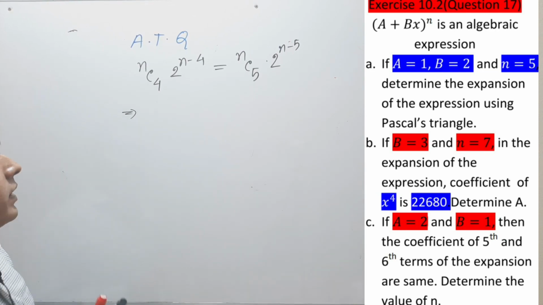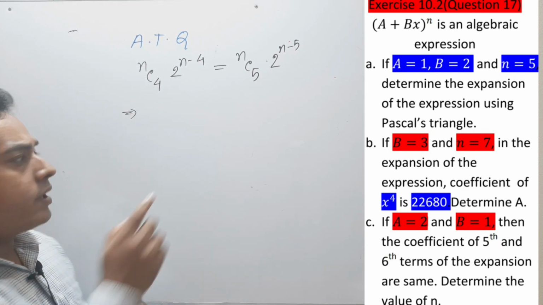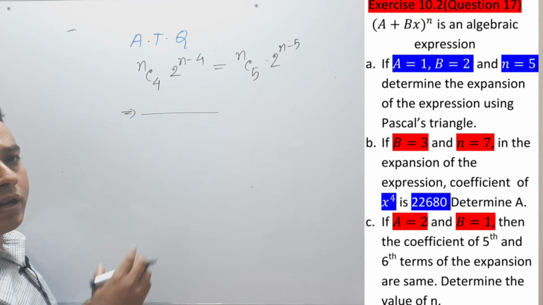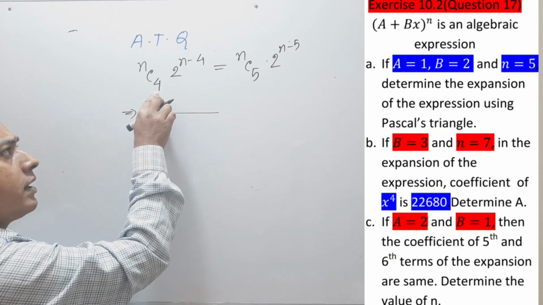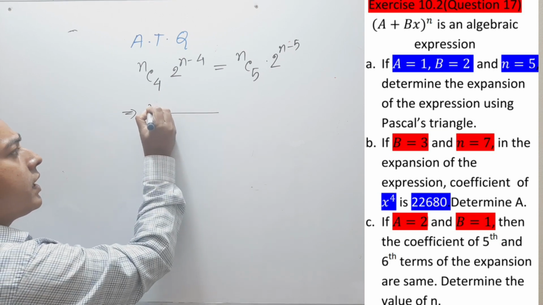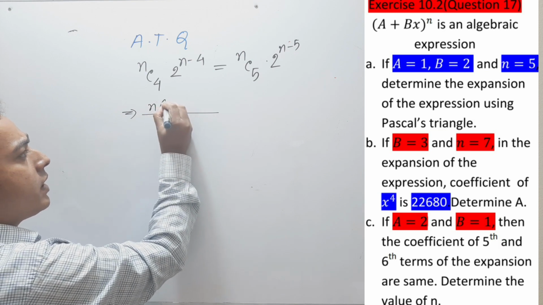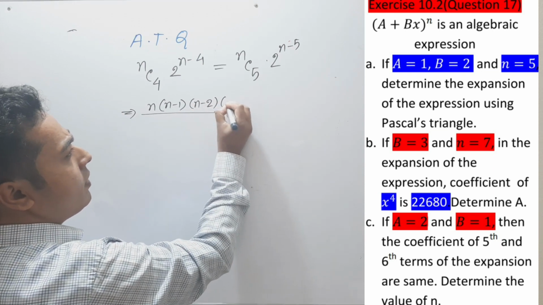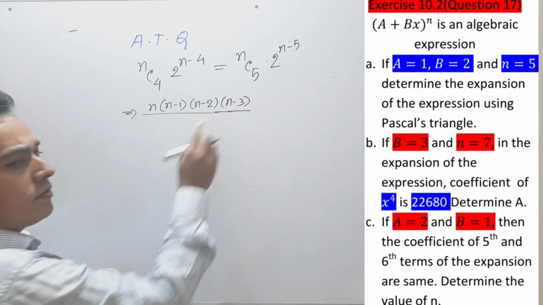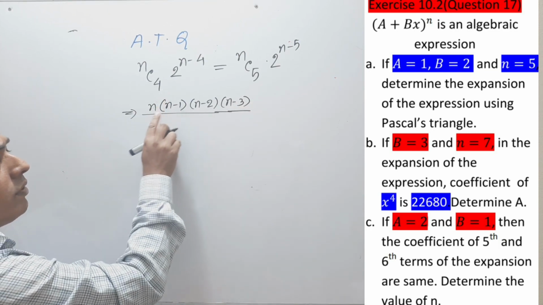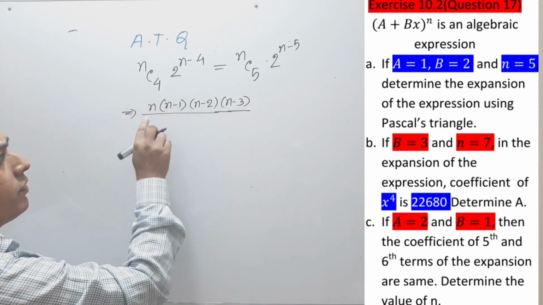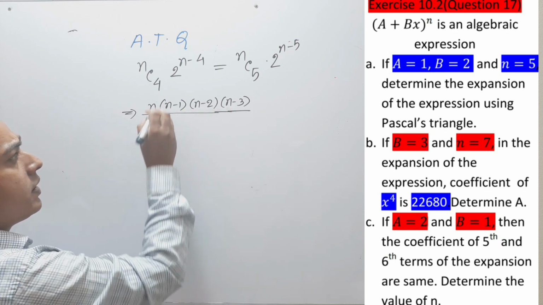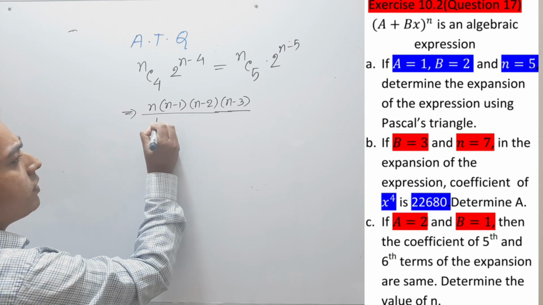Here r is 4, so we write n in descending order up to 4 terms: n, n minus 1, n minus 2, n minus 3, and in the denominator 1, 2, 3, 4.